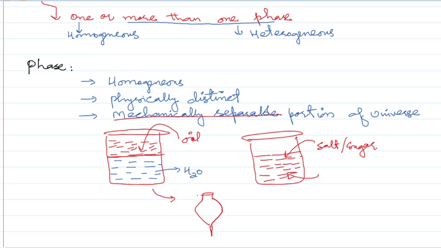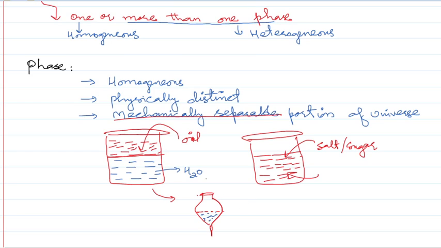Suppose this is made up of borosilicate glass or simply glass, and you add this heterogeneous solution, one part will be water, the other will be oil.